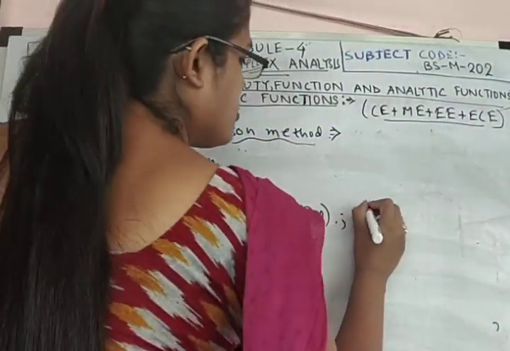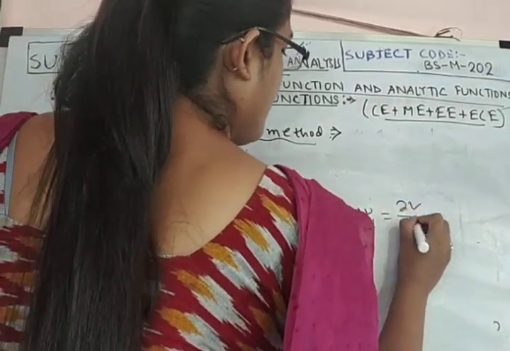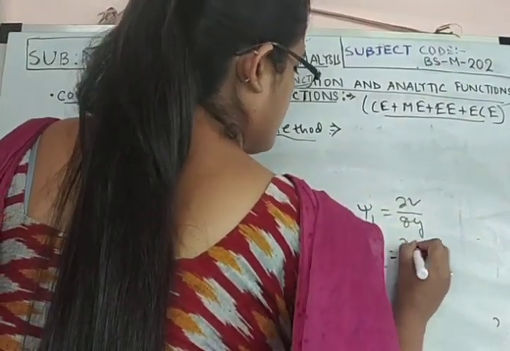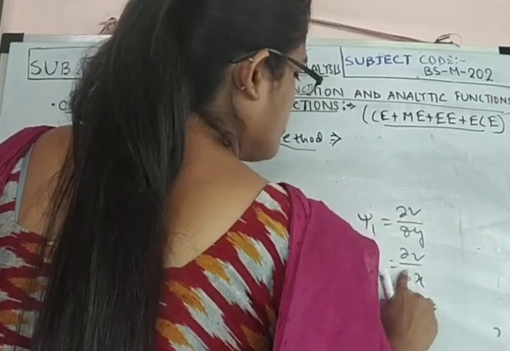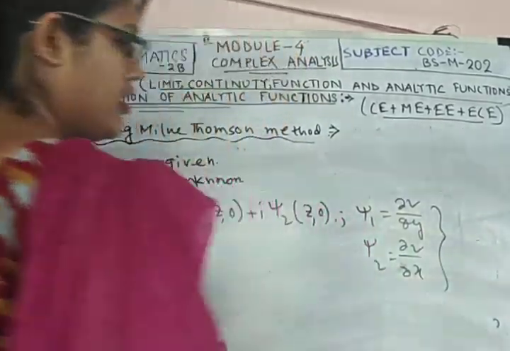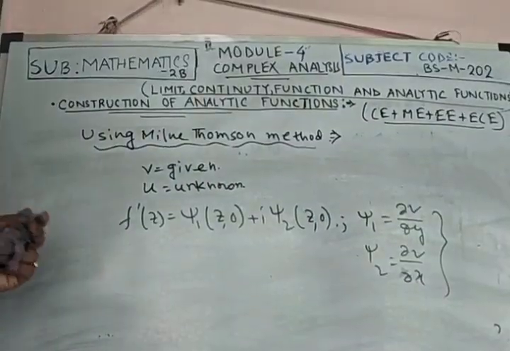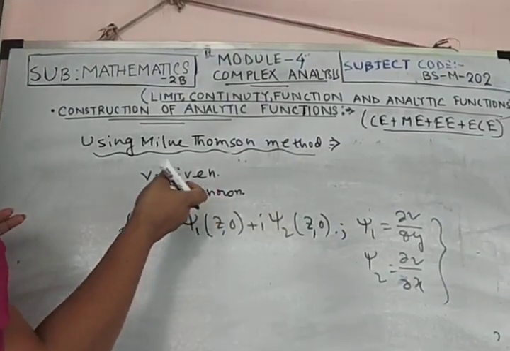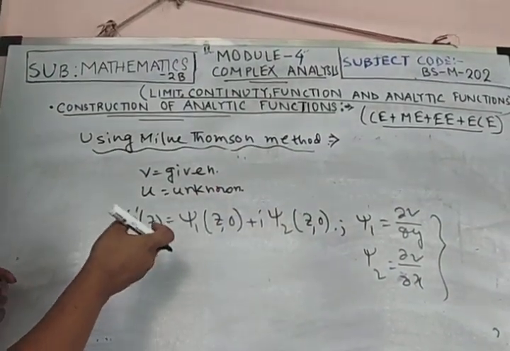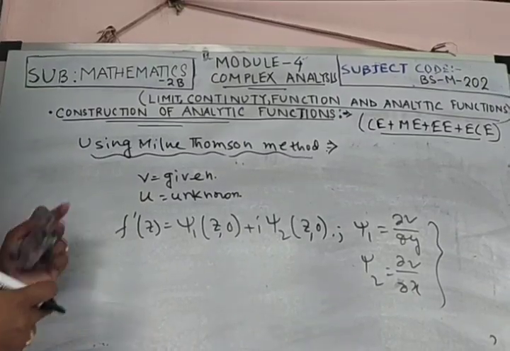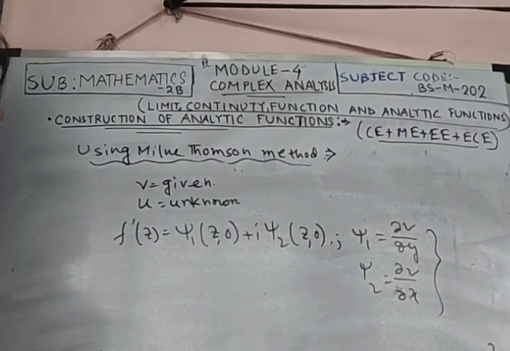Here psi 1 equals del v by del y and psi 2 equals del v by del x. Then we can follow the same procedure and find the conjugate harmonic function and also the analytic function.